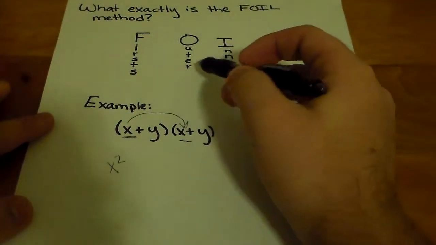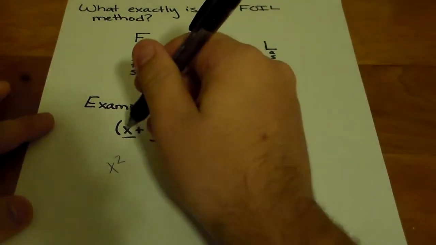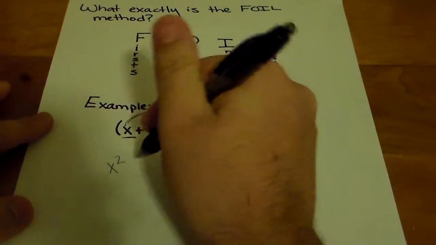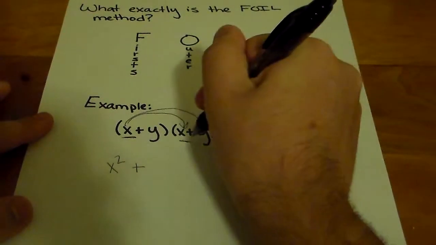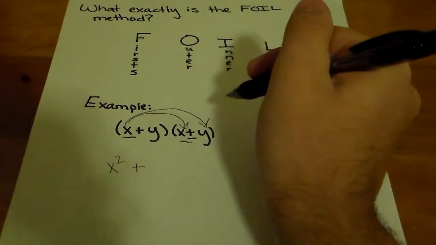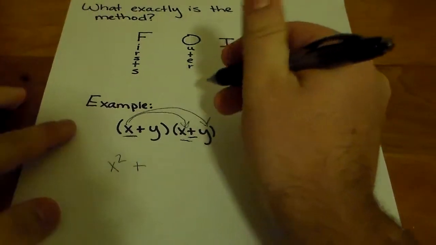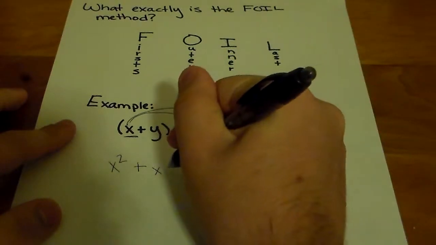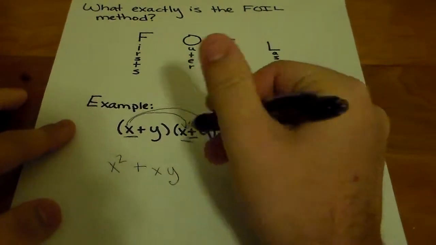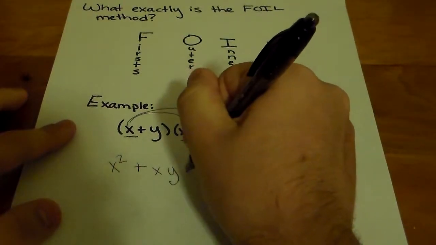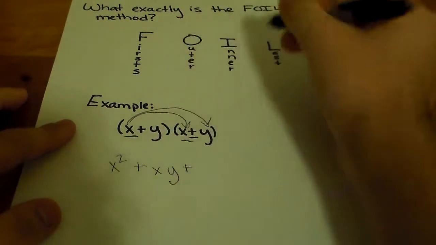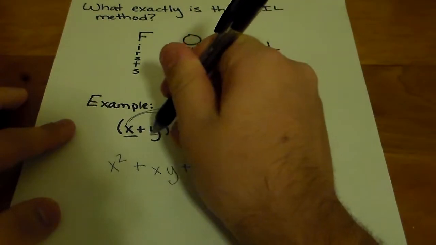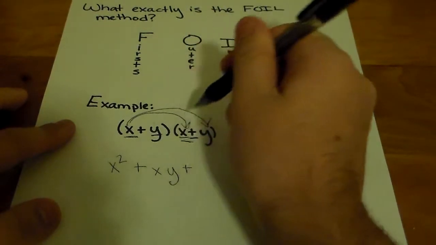And then you're going to take the outer two, so it's going to be x times the y here. So it's going to be plus, because there's a plus sign right here in front of the y, x times the y, plus, because now we're going to do the two inner ones, which is this y right here and this x.